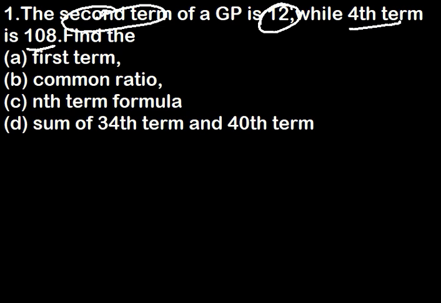Find the first term, the common ratio, the nth term formula, and the sum of the fourth term as well as the 14th term. So how should you solve them all?